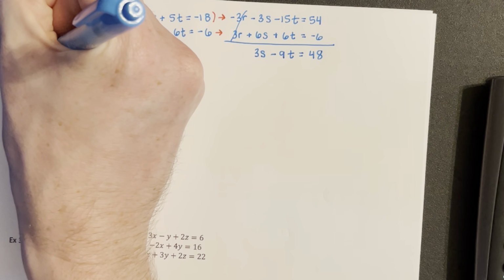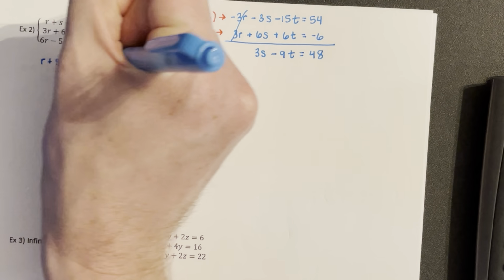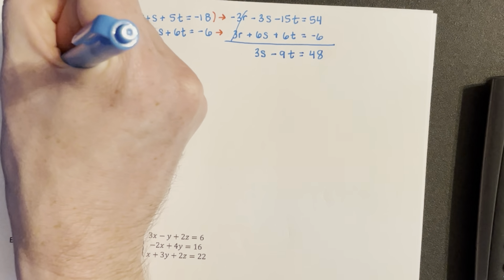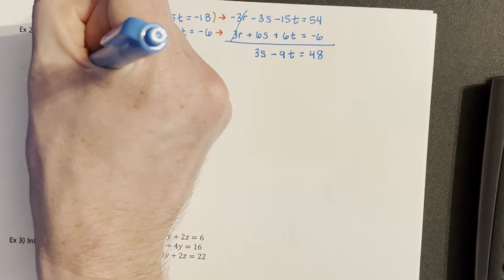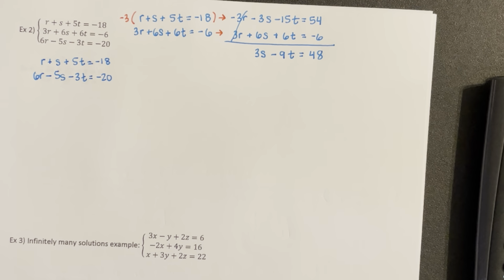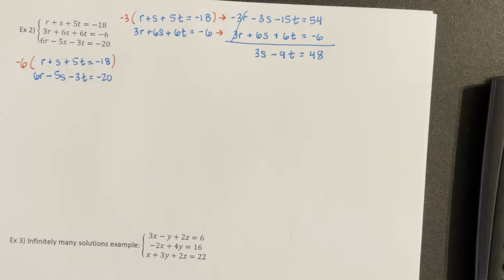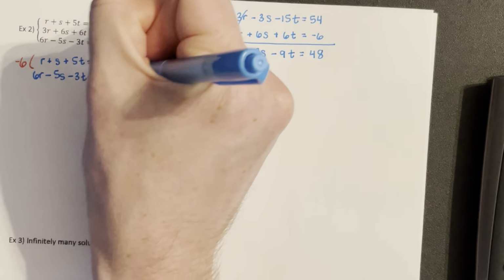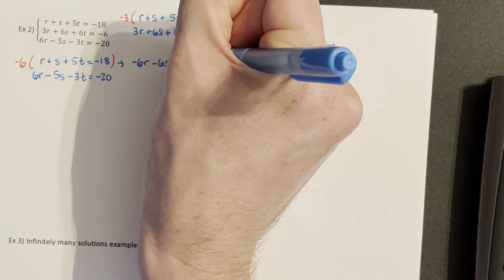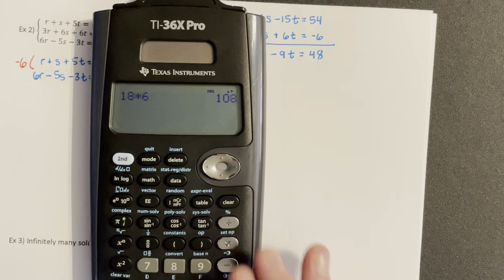together. So r plus s plus 5t equals negative 18, and 6r minus 5s minus 3t equals negative 20. I'm going to multiply the top one by negative 6. So negative 6r, negative 6s, negative 30t, and then 18 times 6 is 108.